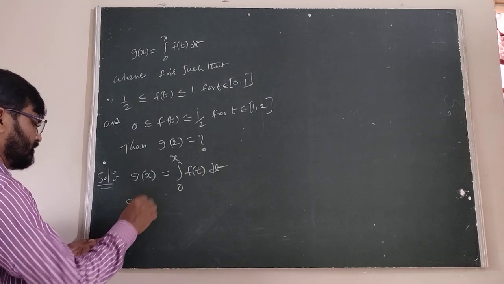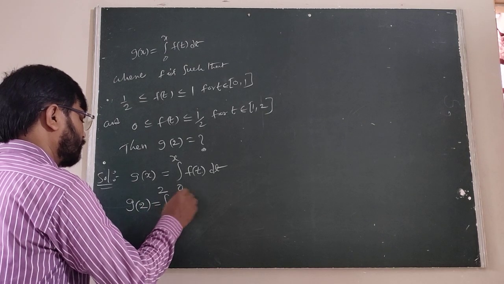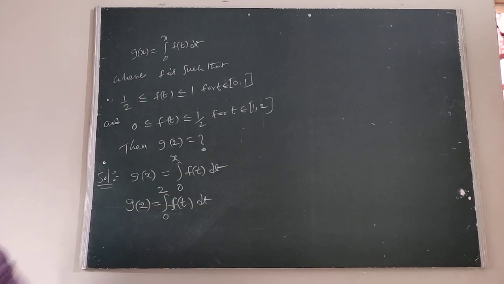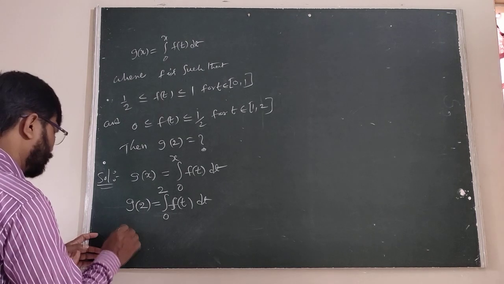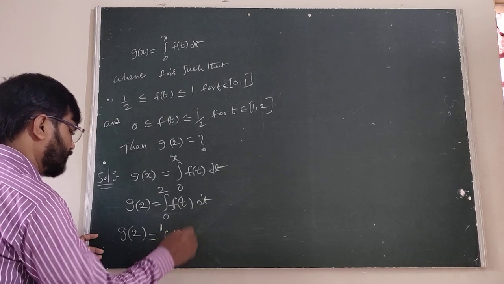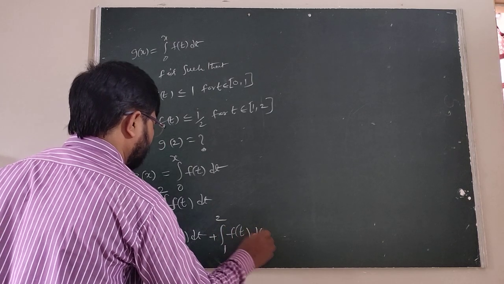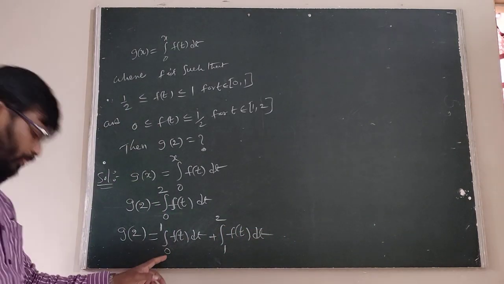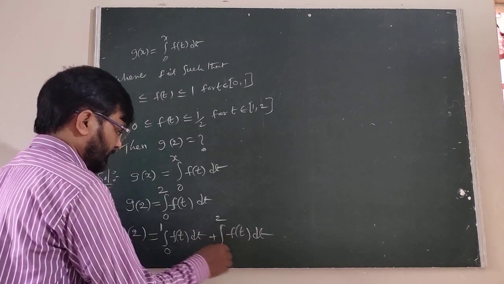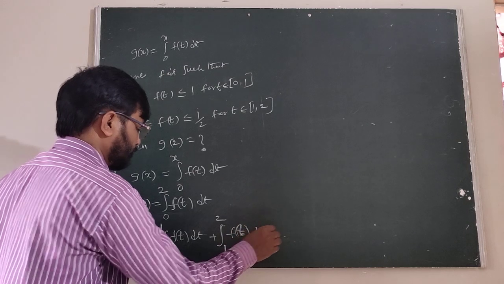Now we have to write g of 2. g of 2 is the integral from 0 to 2 of f of t dt. Now g of 2 can be written as the integral from 0 to 1 of f of t dt plus the integral from 1 to 2 of f of t dt.